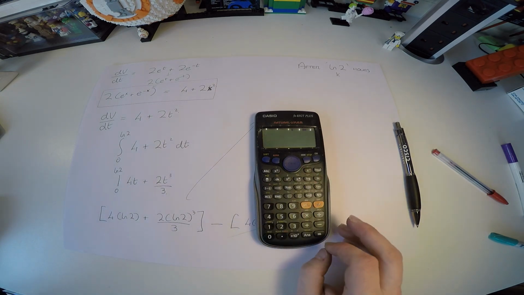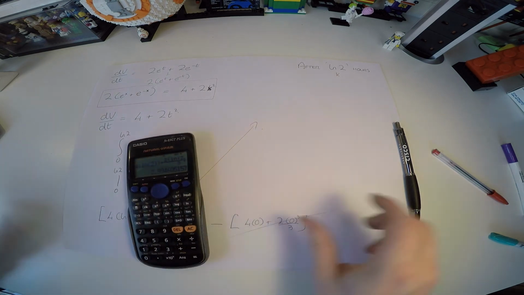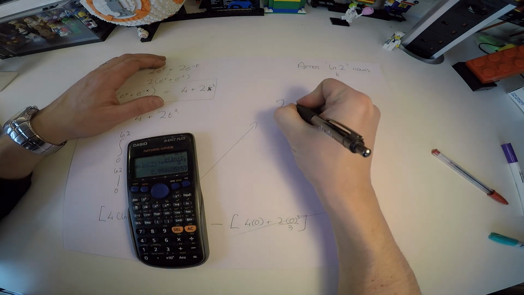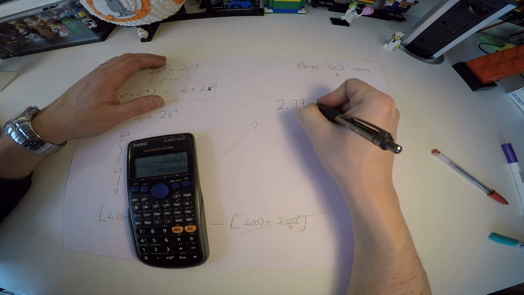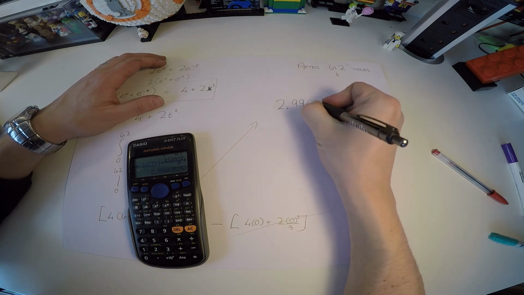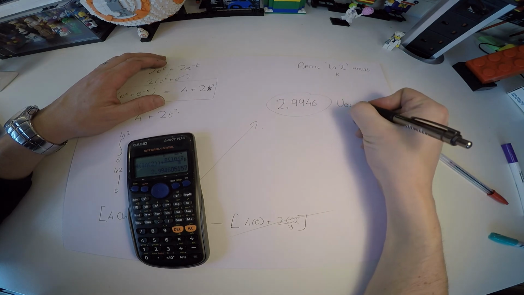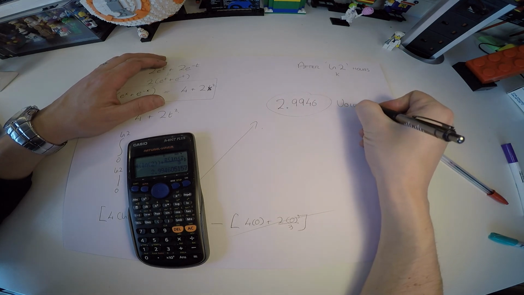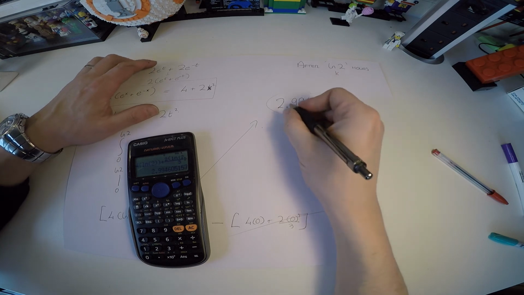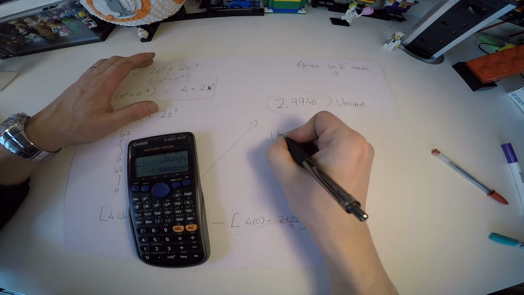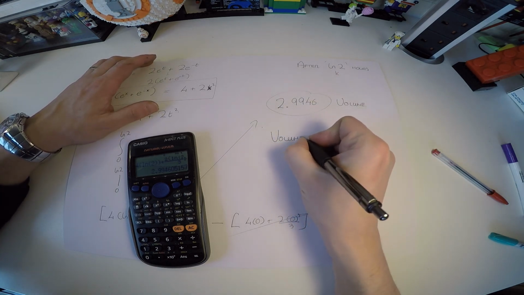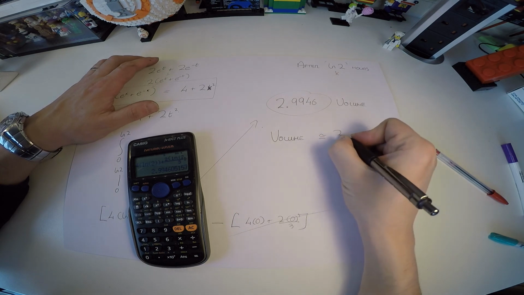So we do all that, and we get 2.9946. Of course this is going to be a volume, and our volume at the very start was in litres. So 2.99 is close enough to say our volume after that is essentially approximately 3 litres.